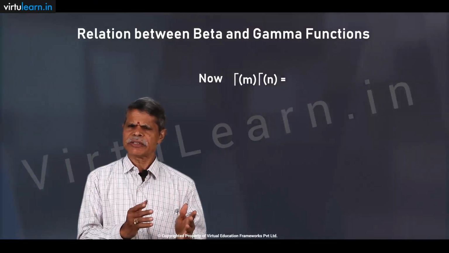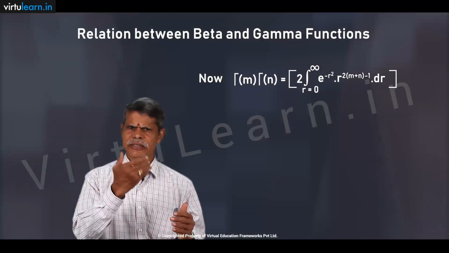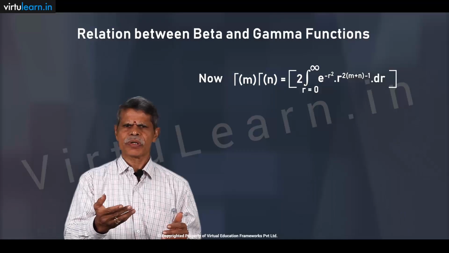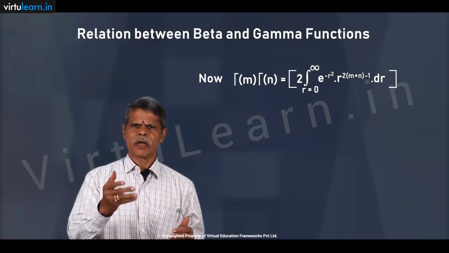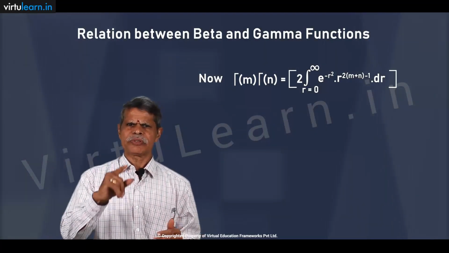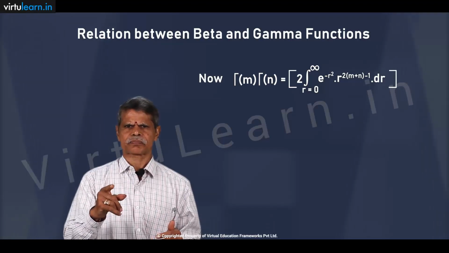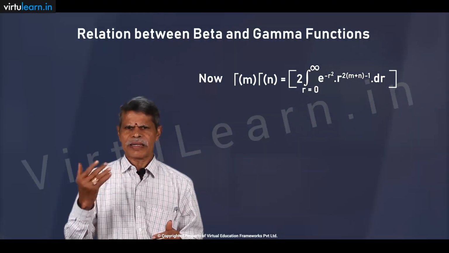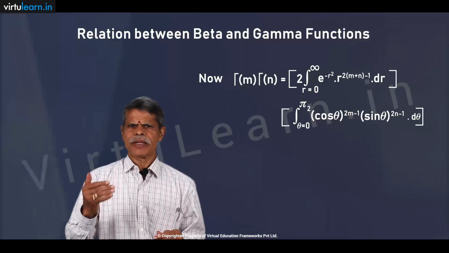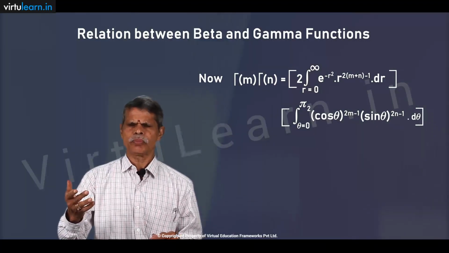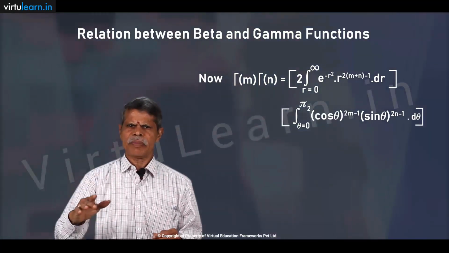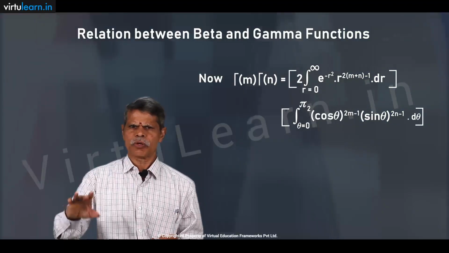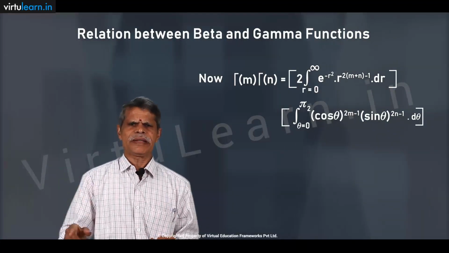The first integral is 2 times integral r is equal to 0 to infinity e power minus r square r to the power of 2 times m plus n minus 1 dr, and the other integral is 2 times integral theta is equal to 0 to pi by 2 cos theta to the power of 2m minus 1 sin theta to the power of 2n minus 1 d theta.